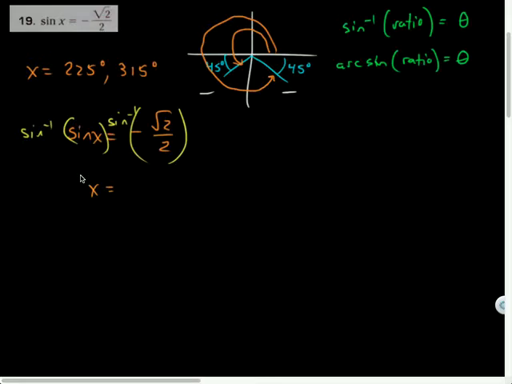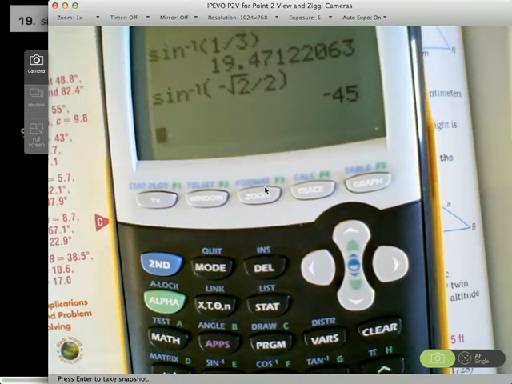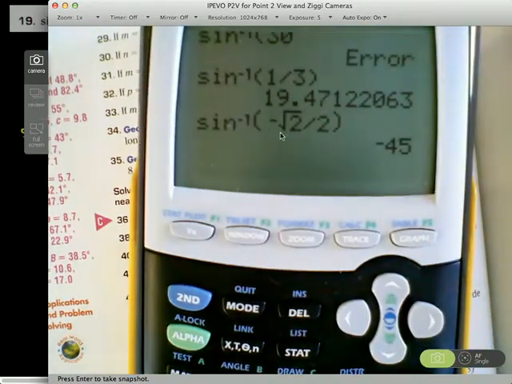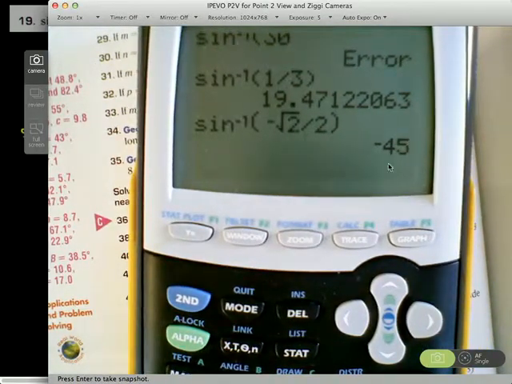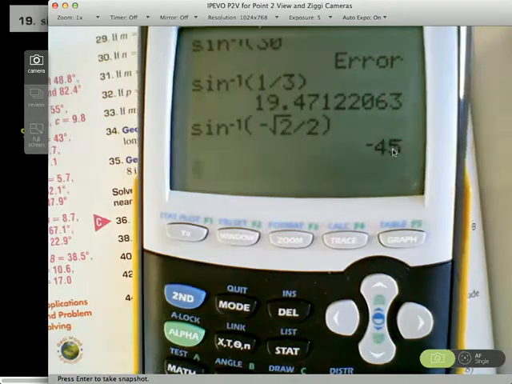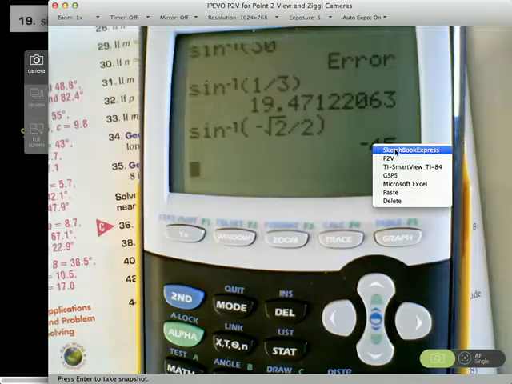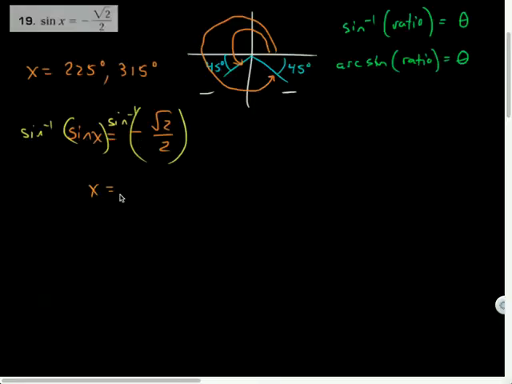I believe it's going to give me an answer between negative 90 and positive 90. So I plugged in sine inverse of negative root 2 over 2, and I got negative 45 degrees.